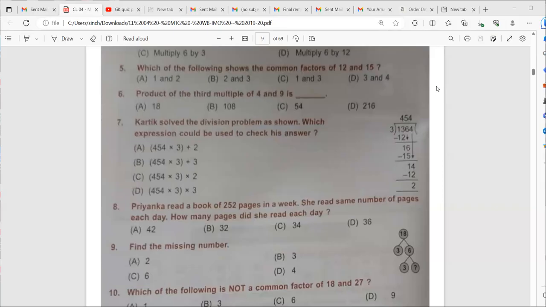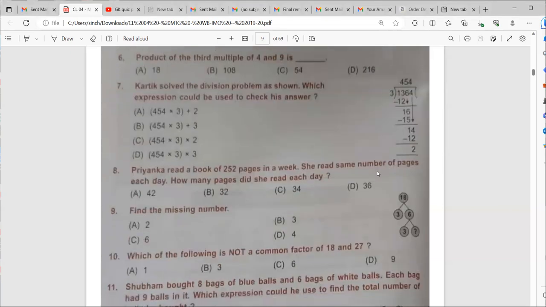Please show all the options of question number 10. Wait, I am showing you. Udit, number 5 is correct. Shuok, number 9 is correct.